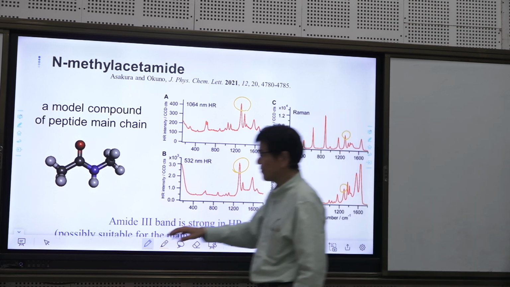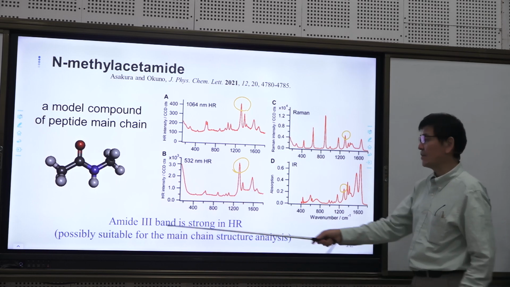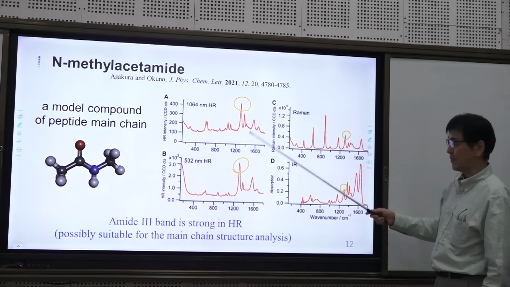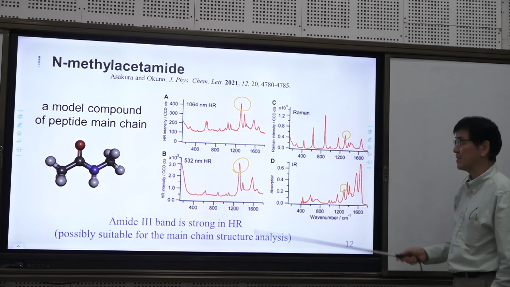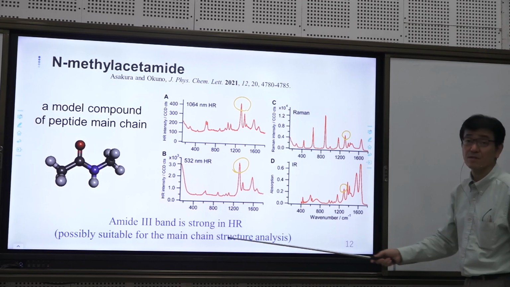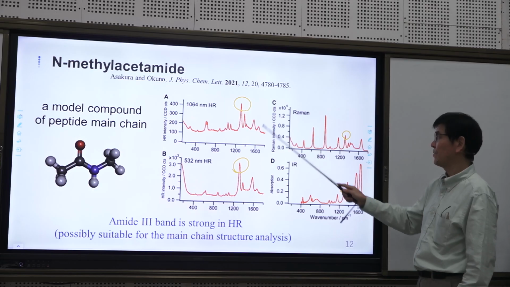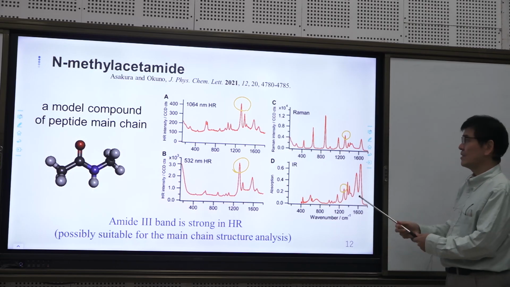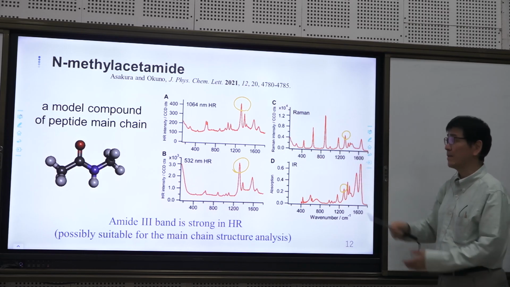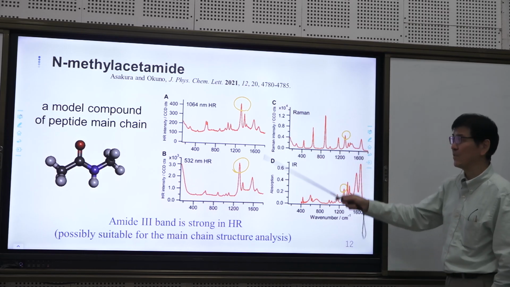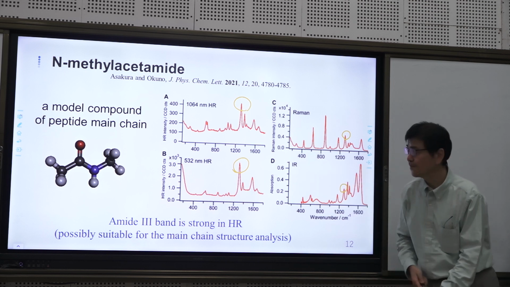So from this result, we see the amide 3 band is strong in hyper-Raman. So it is possibly suitable for main chain structure analysis. Amide 3 is related to main chain structure analysis. So if the intensity is large, and it is very small in IR or Raman, then let's try to analyze this weak signal.